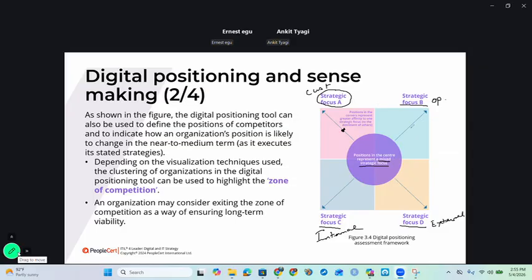I'm already mature in that particular scenario. So the more the position of the organization is towards the center, the more mixed the strategic focus is. The more it is towards the corner, the more the focus is on that particular strategic focus to be achieved. Let's understand it based on an example.